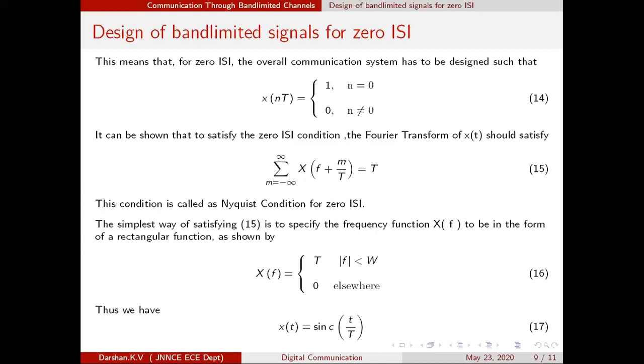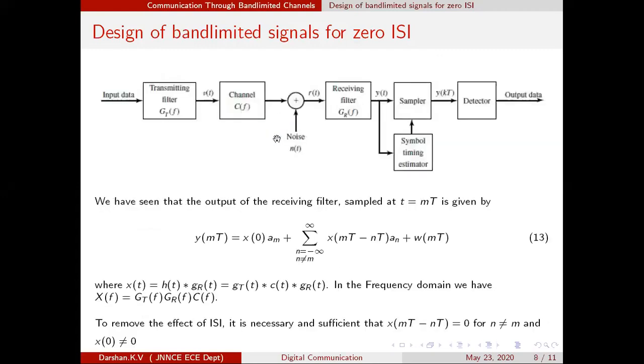So from this point we will continue in the next class. At the end of the class, what am I supposed to say? To make the ISI 0, you should know what x of t is. x of t is g_T of t convolved with c of t convolved with g_R of t. x of t involves the contribution of the transmit filter, channel and the receiver filter, all components of a communication system.